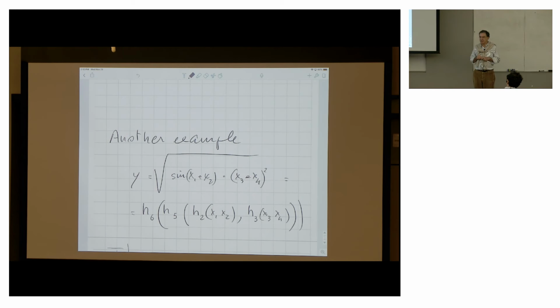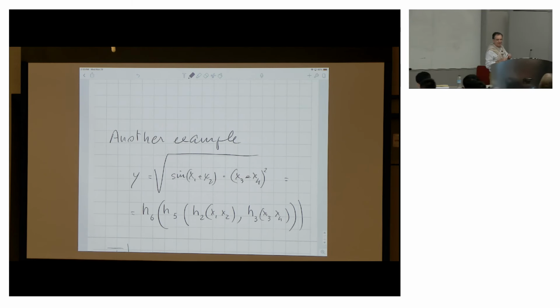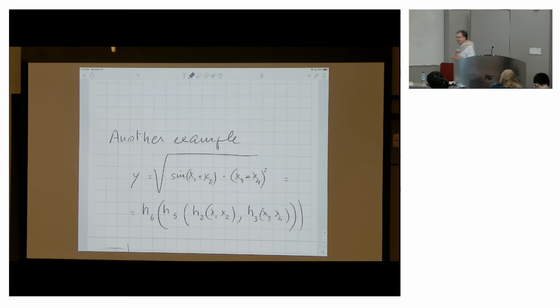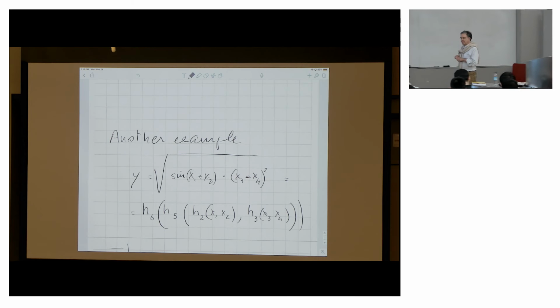But otherwise, I find it difficult to come up with examples. Okay. So if you come up with something like this, let me know. You may get quite a number of brownie points.